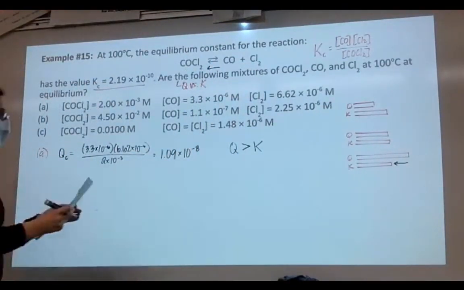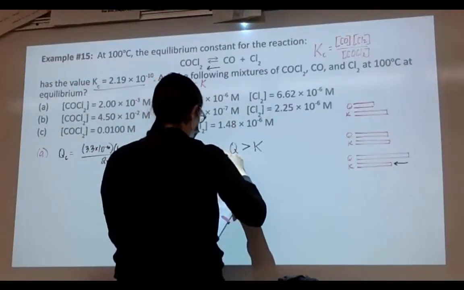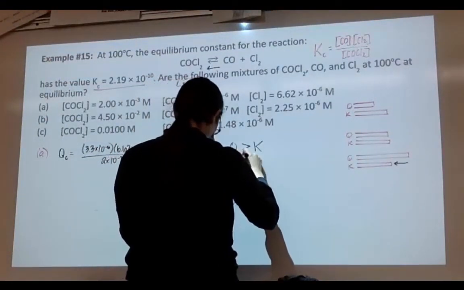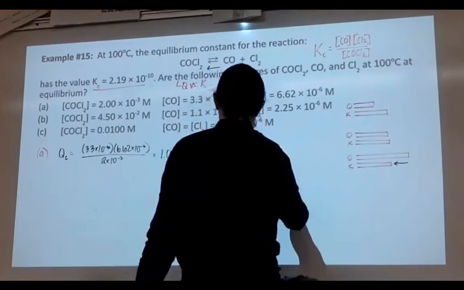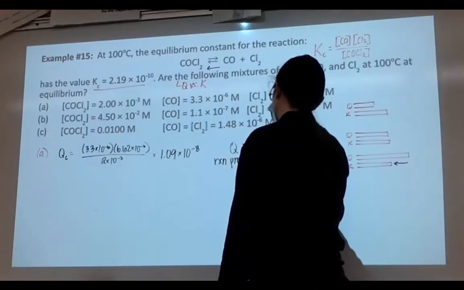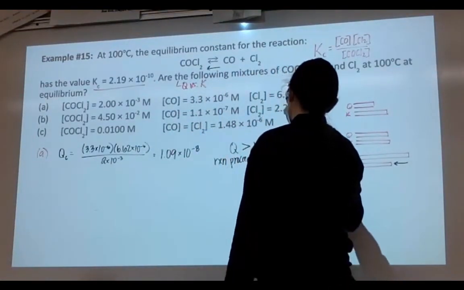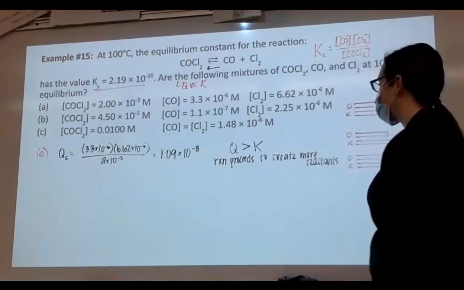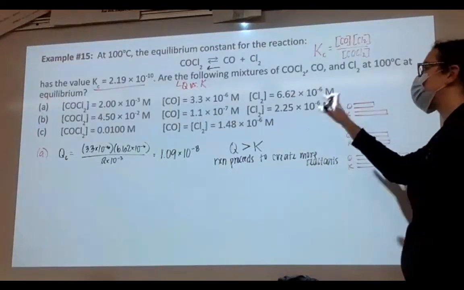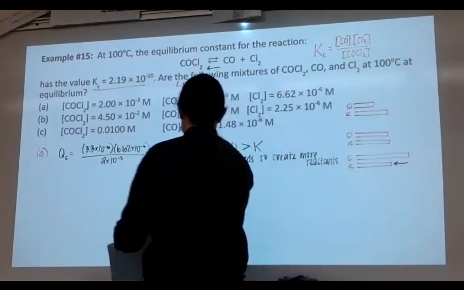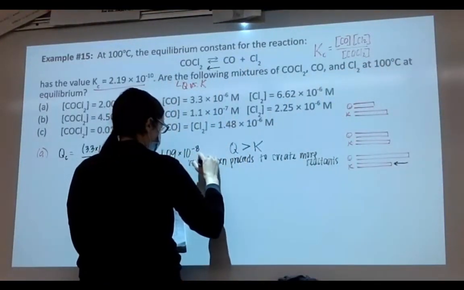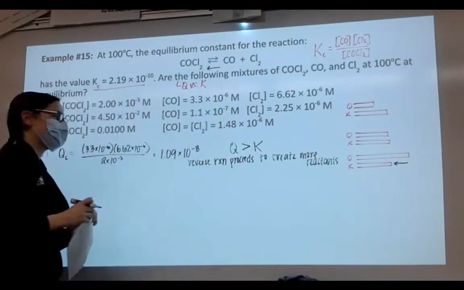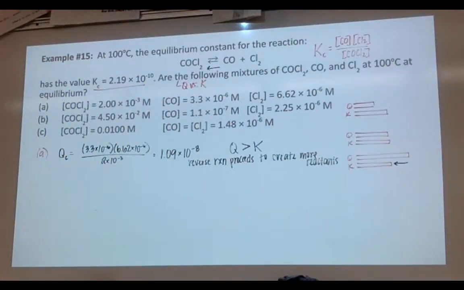So what we'll say is that the reaction proceeds to create more reactants. And actually, if we think about which reaction is proceeding, if it's products creating reactants, we can say the reverse reaction. Reverse reaction is products going to reactants. That's when Q is greater than K.